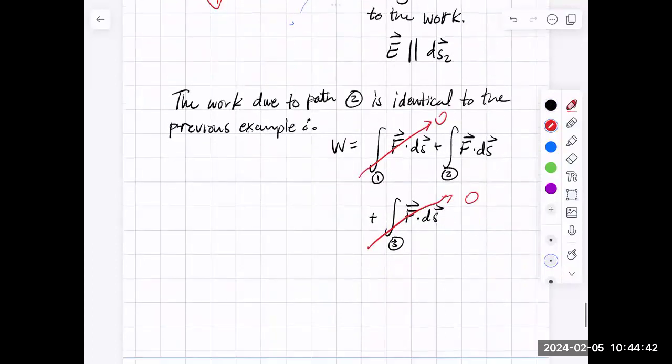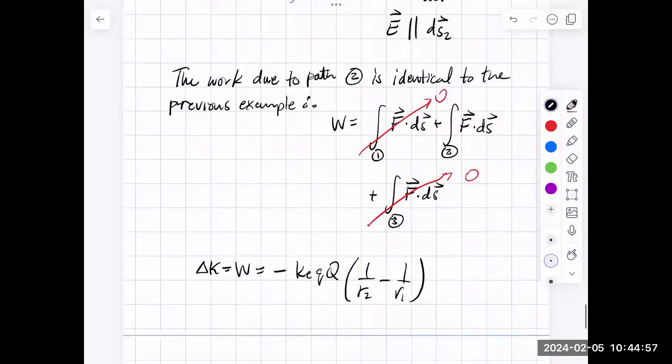And so therefore, the work, which is equal to the change in kinetic energy, is going to be minus KE Q Q times 1 over R2 minus 1 over R1, which is exactly the same as before.